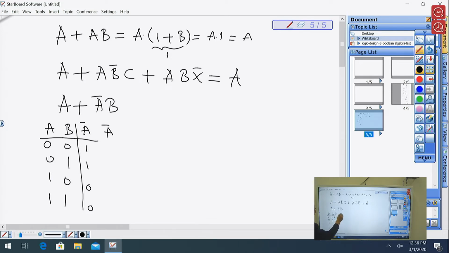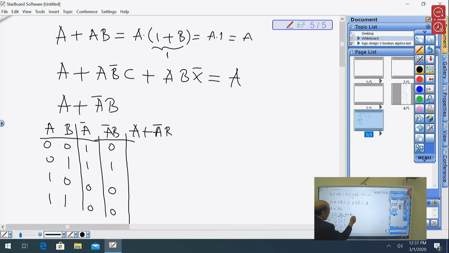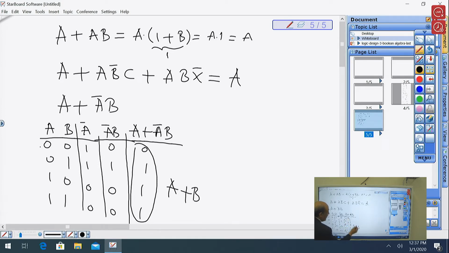And not A ANDed with B equals 0, 1, 0, 0. ORed with A, A or not A B: 0 or 0 is 0, 0 or 1 is 1, 1 or 0 is 1, 1 or 1 is 1. Do you see? You know that this is equal to A or B.